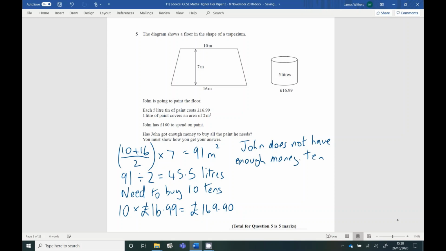Ten tins costs £169.90, but he only has £160. Had he been able to just pour out a little bit of paint and just pay for what he took, then he would have had enough money, but clearly you can't go and do that.